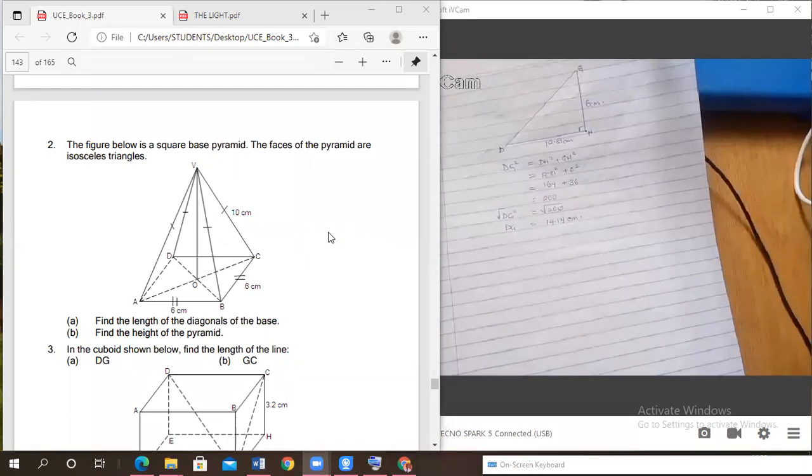The other thing, if you don't know, is that at the corners A, B, C, and D, the angle between AB and BC is 90 degrees. At the corners we have 90 degrees.